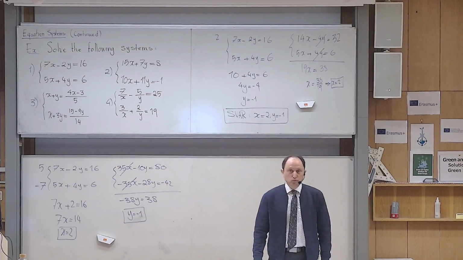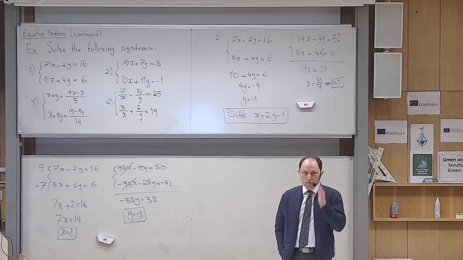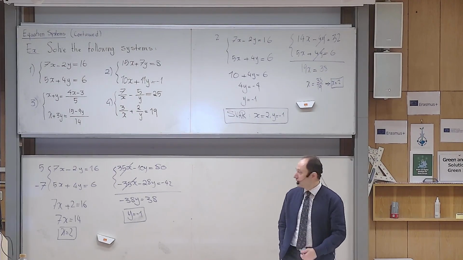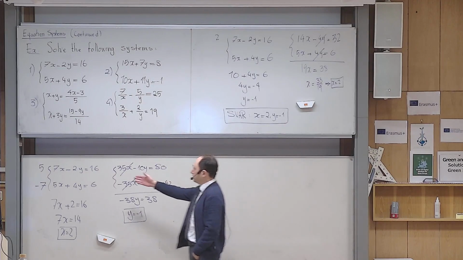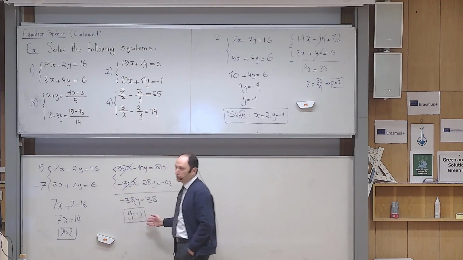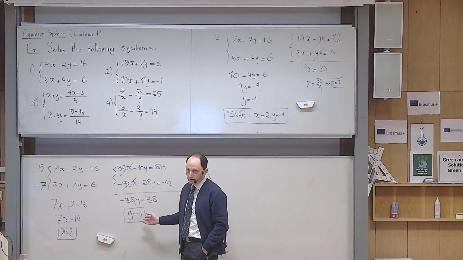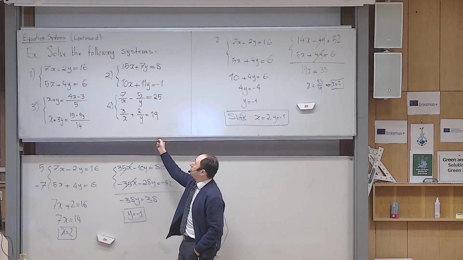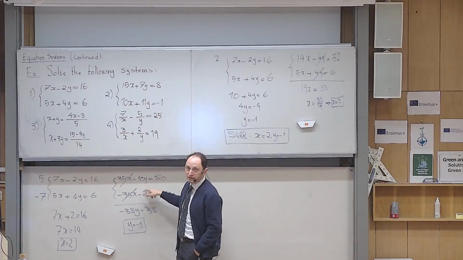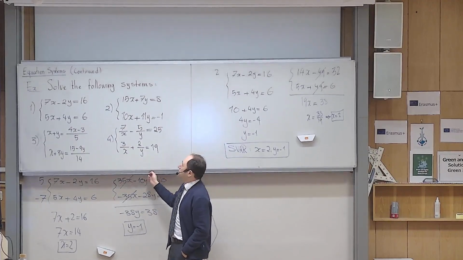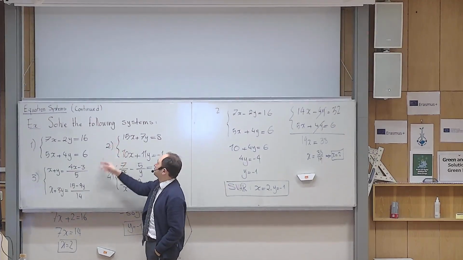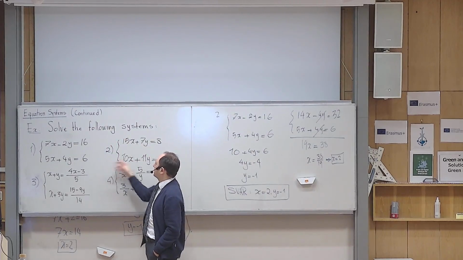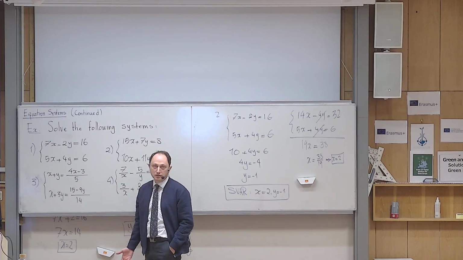I don't want you to memorize, so don't close your brain. Yes? Of course it works if you do it in that way, but then you have to work with bigger numbers. Why should we do that? So before starting, try to think. For example, if you understood what I said, of course here, if you go in this problem, multiply this by 10, multiply this by minus 15, it works.